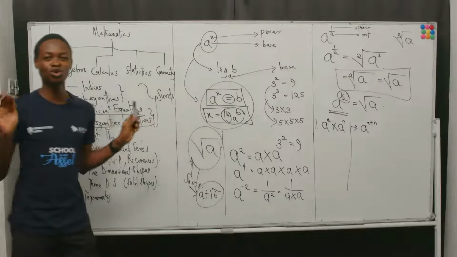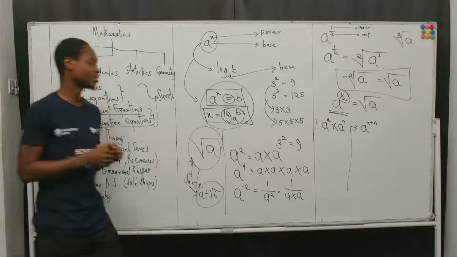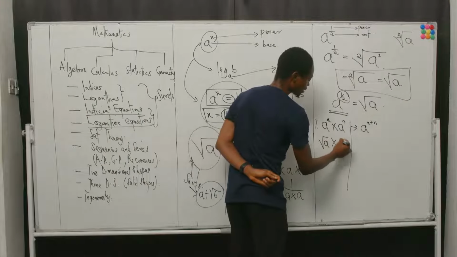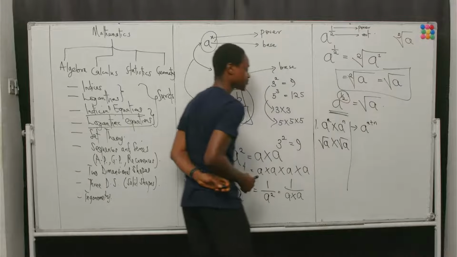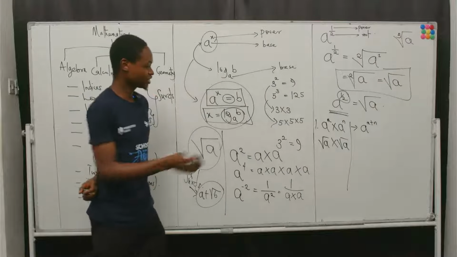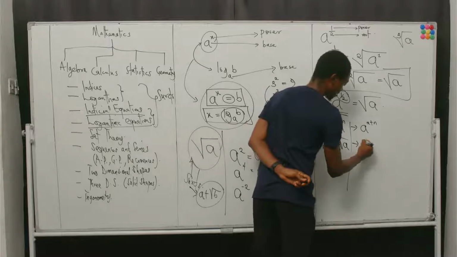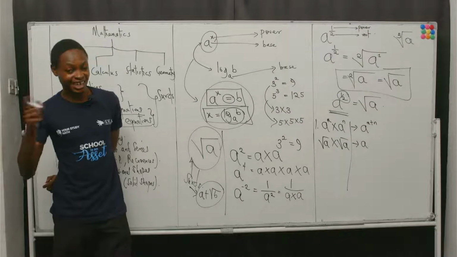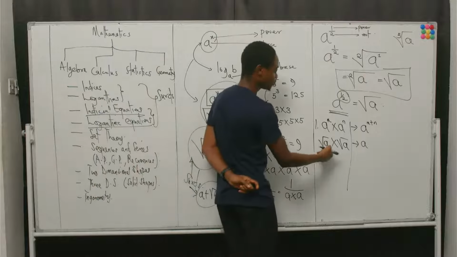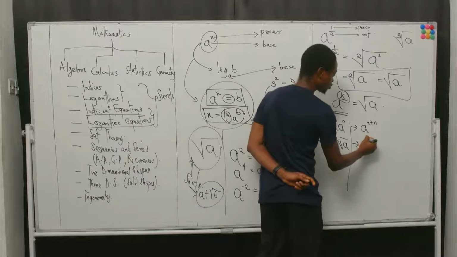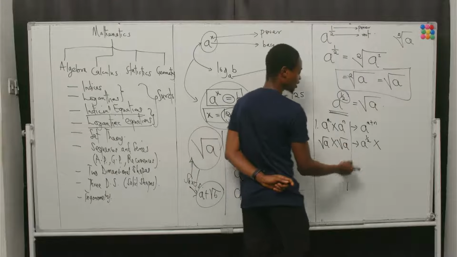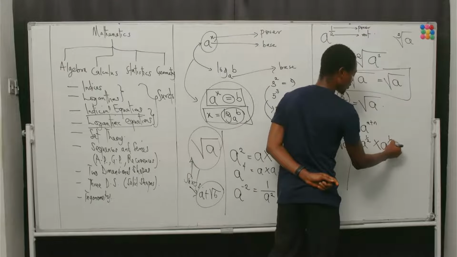The same thing holds for surds. Because in surds, if I have root A times root A, I'll just say my final answer is A. But then why is my final answer A? That is because root A is the same thing as A raised to power 1 over 2, times the second root A, that's also A raised to power 1 over 2.